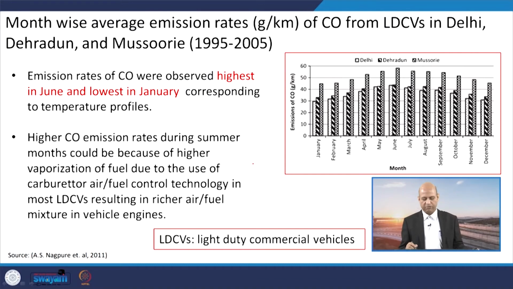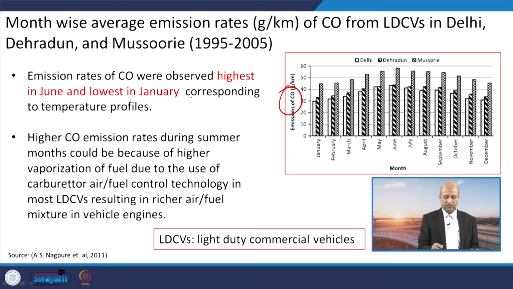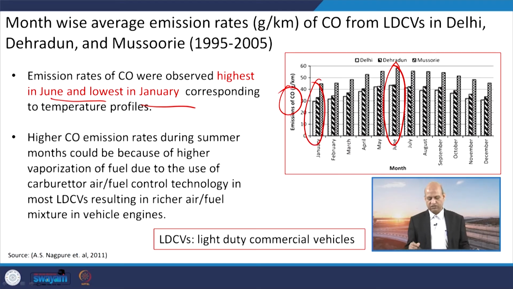So we see this monthly variation for Delhi, Dehradun and Mussoorie, again for CO emissions. CO emissions are highest in June and lowest in January in all cities, but basically it is more in the case of Mussoorie, less in Dehradun and further less in Delhi. So these rates depend upon the season as well as on the altitude, and this is related to light duty commercial vehicles.